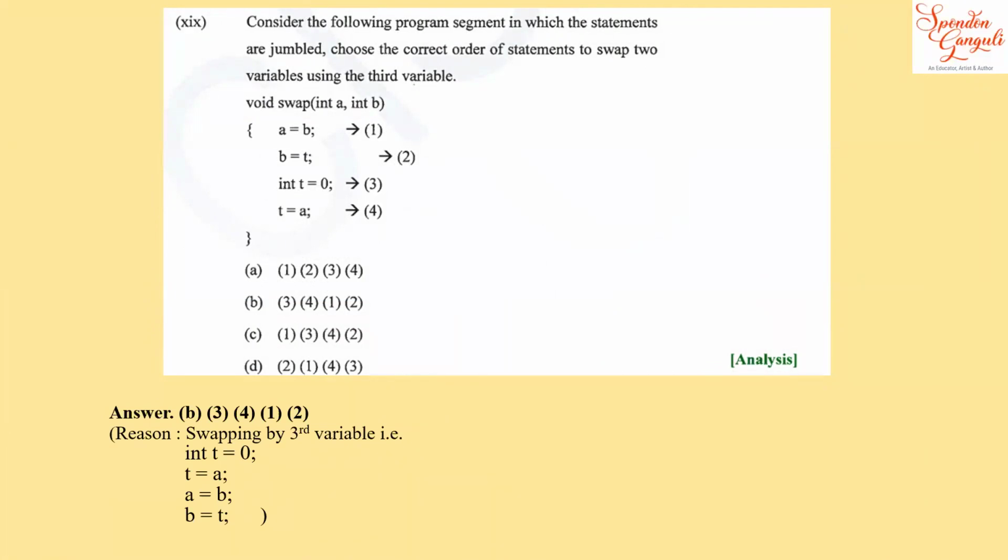So if I go through this one, option B is the correct answer. These types of questions you need to work out in rough, and then you can find the correct answer easily. That's why here it is in the category analysis. You have to work out and analyze your work and get the answer.